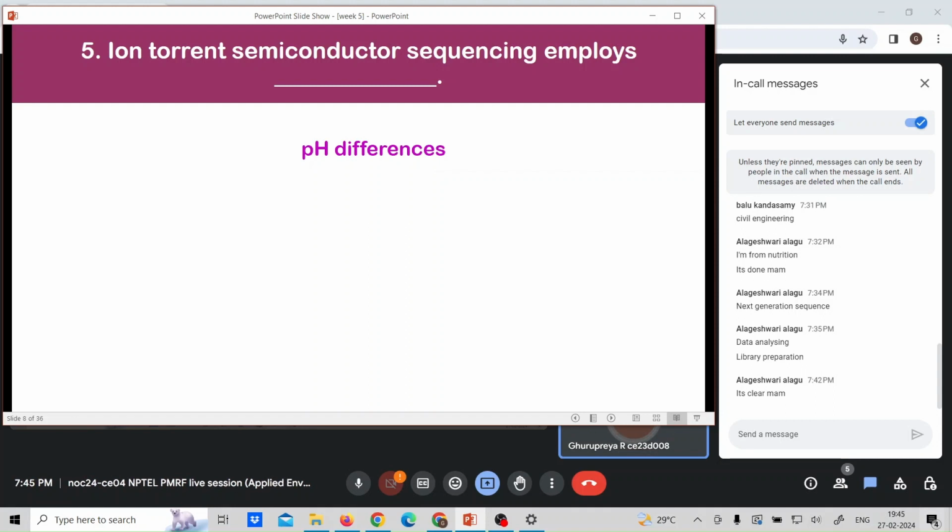Based on that sensing, it gives us a signal, and with that signal we have the read for our sequencing. So that's the main purpose of Ion Torrent semiconductor sequencing. It uses the pH differences to give us the reads.